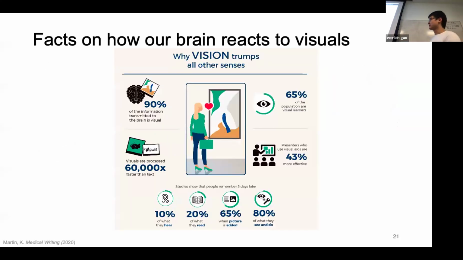So here I want to show some facts on how our brain reacts to visuals. A natural reason why data visualization is important is that of most of the information we receive every day, more than 80% is visual. And this also explains that we are born to see something, but we are not born to read, right?